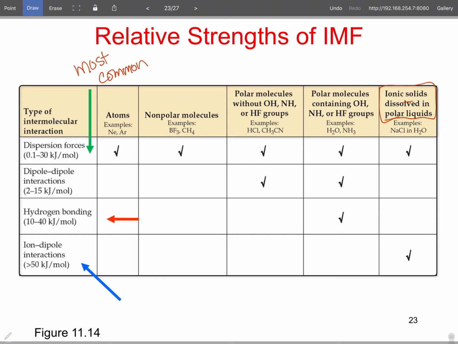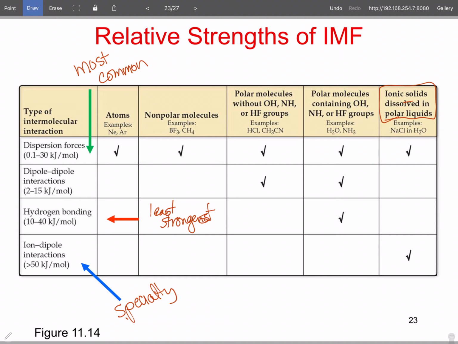And over here, hydrogen bonding is the least common. They're the strongest. And I call the ion dipole a specialty because the ions are not molecular species. They are ionic species. But they do interact when you get into polar molecules.